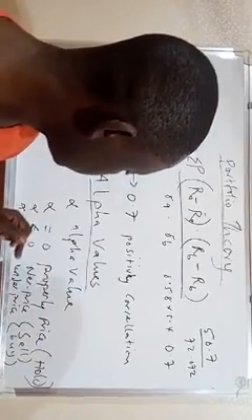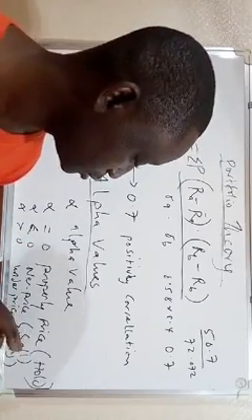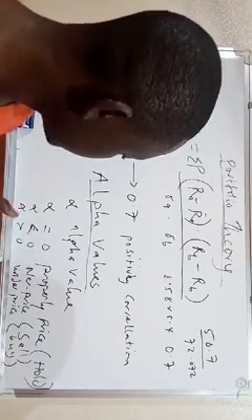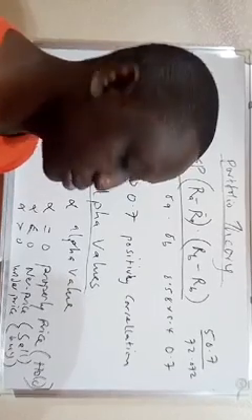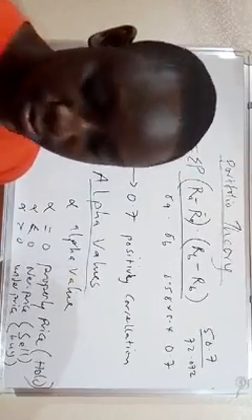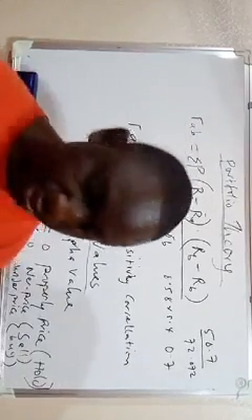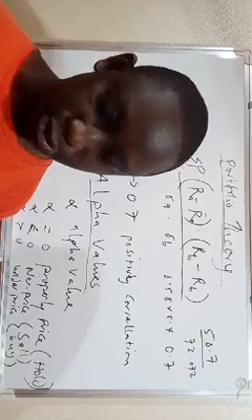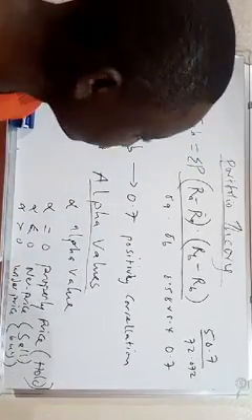If the alpha value is less than 0, it's overpriced, and the investor should sell the security. If the alpha value is greater than 0, it's underpriced, and the investor should buy the security. So the alpha value measures the unexpected return on a security. That is the alpha value.